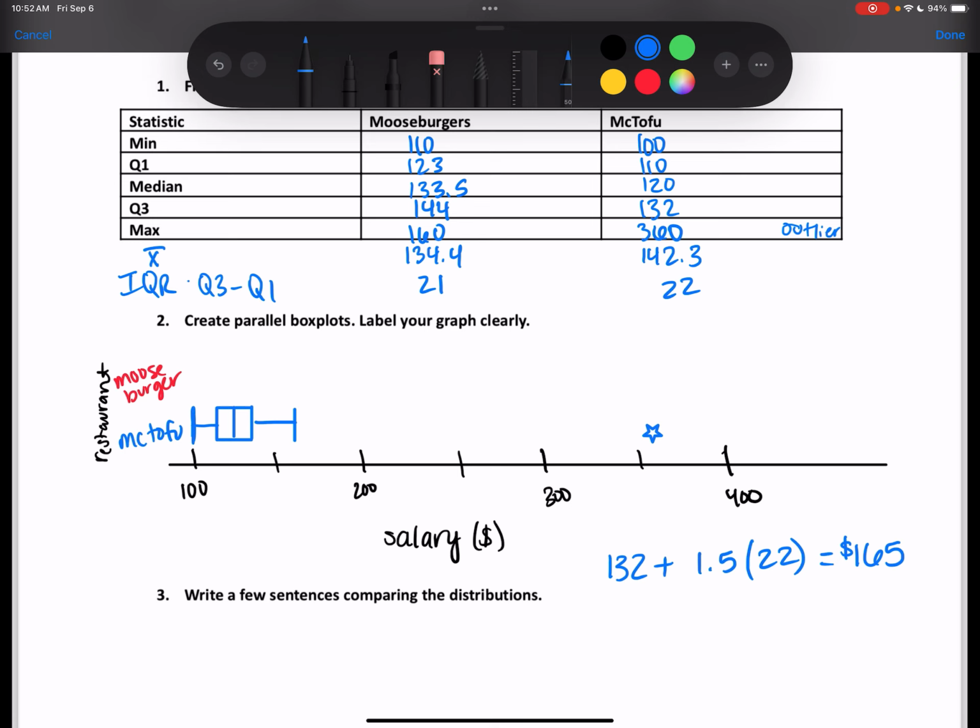So is the ending line, did you put it at 132? For like the box plot? This line is at 165 because that's my upper fence level. Okay.